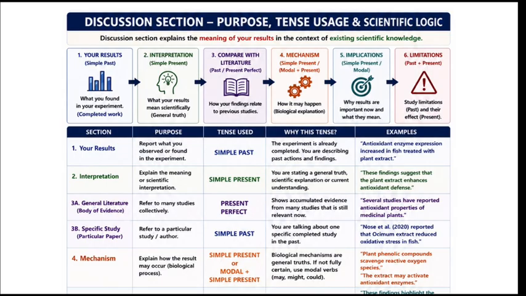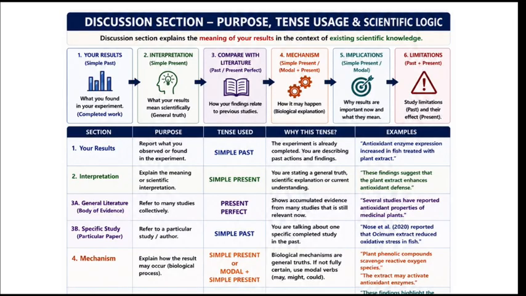Sometimes we may observe simple past tense when we report existing literature. Two things we have to understand here. Knowledge means how evidence becomes fact, and fact becomes knowledge. When we want to speak about knowledge or truth, we may use the present perfect tense.